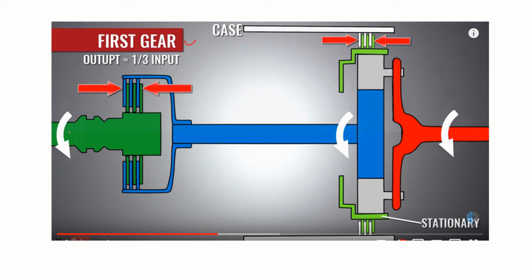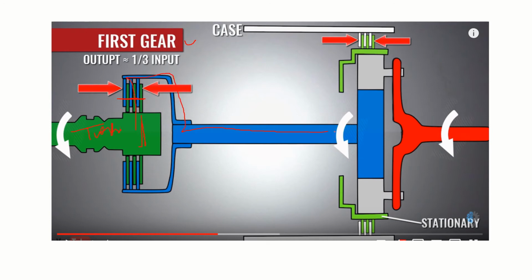As I mentioned, this is coupled to the turbine of the torque converter. As the turbine rotates, this will be rotating. But what we have done is, we have engaged this clutch. When we have engaged this clutch, when this rotates, this whole thing has to rotate.